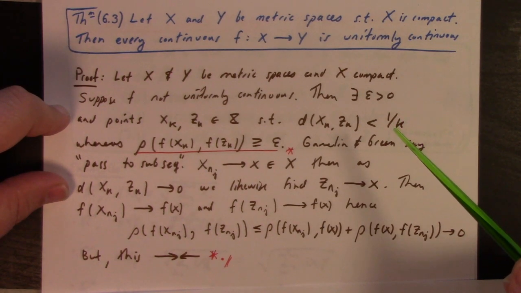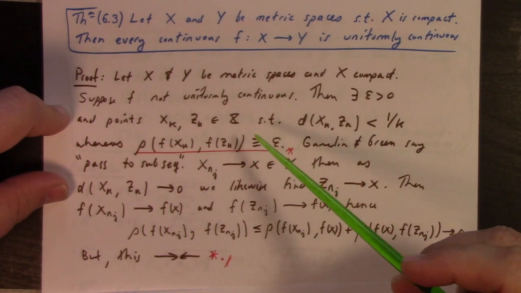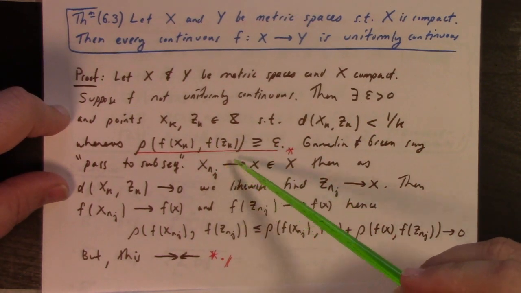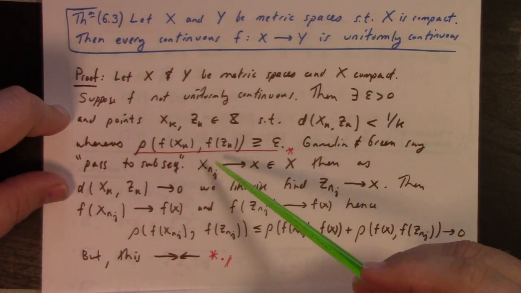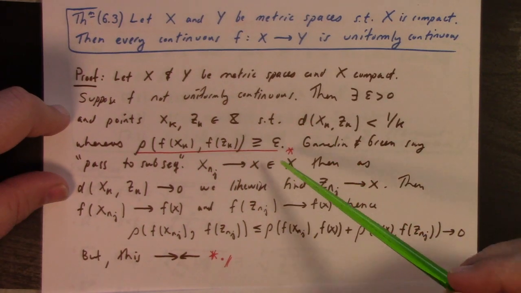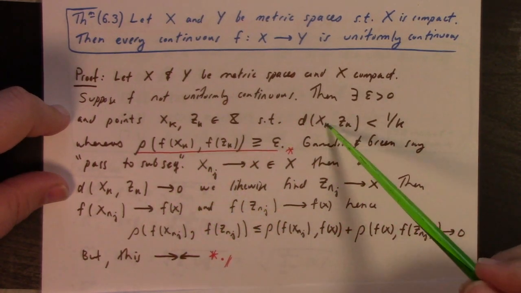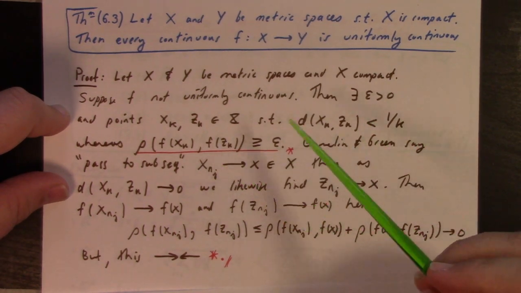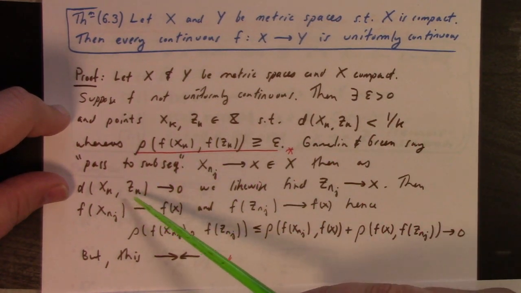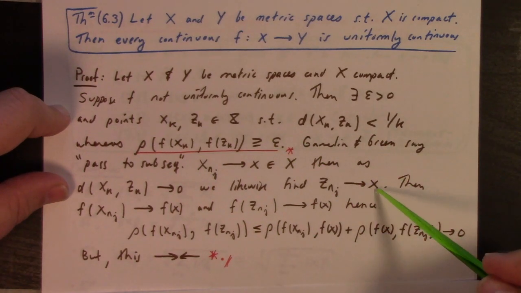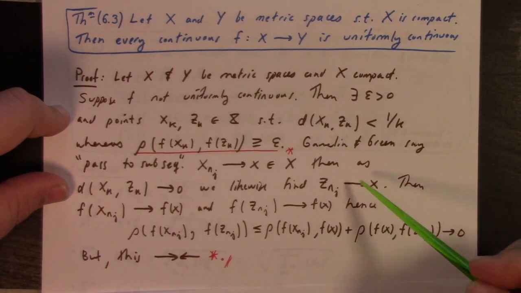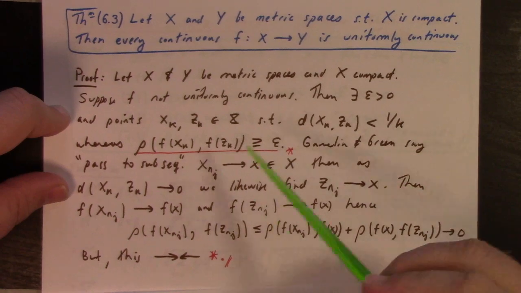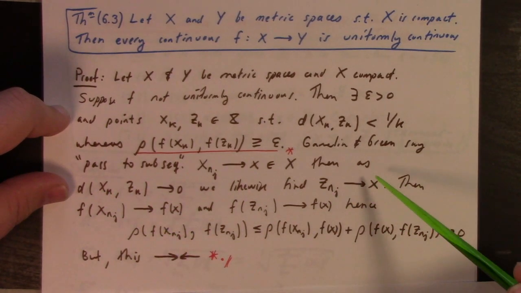And then they say pass to a subsequence, and I'll use n sub j for the subsequence. Then as the distance between these, of course, goes to 0 as k goes to infinity, we should likewise find that a subsequence also goes to x, where x is where x sub k is going as k goes to infinity.